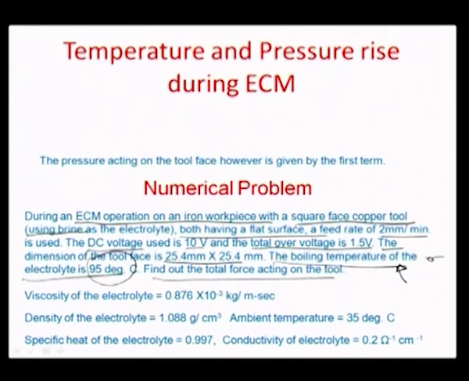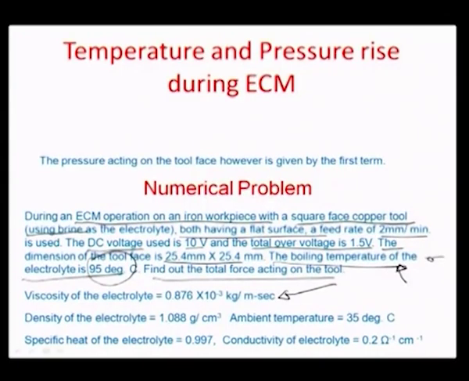This means that the pressure generated because of viscous effects, the first term of the expression for pressure, should be lower than the ultimate yield stress or flow stress of either the tool or the workpiece surface. Some of the parameters given are the viscosity of the electrolyte, the density of the electrolyte, the ambient temperature, the specific heat of the electrolyte, and the conductivity of the electrolyte. Let us look at how we solve such a design problem step by step.